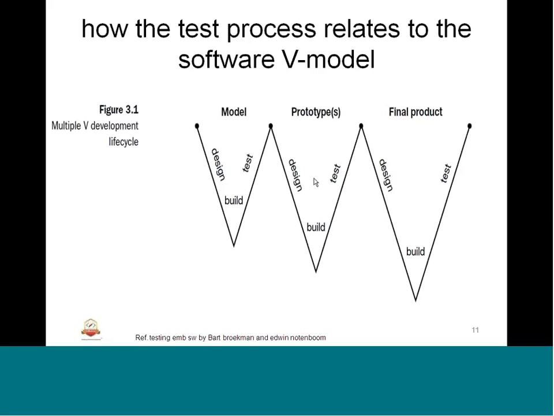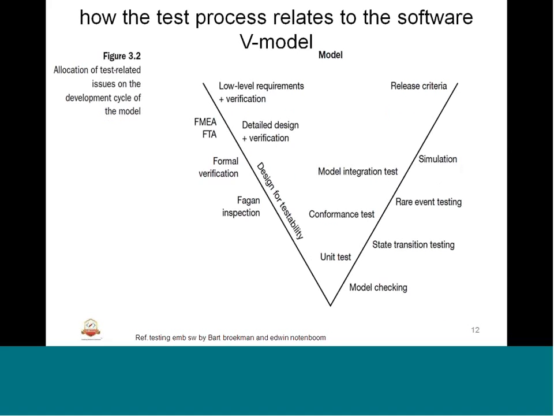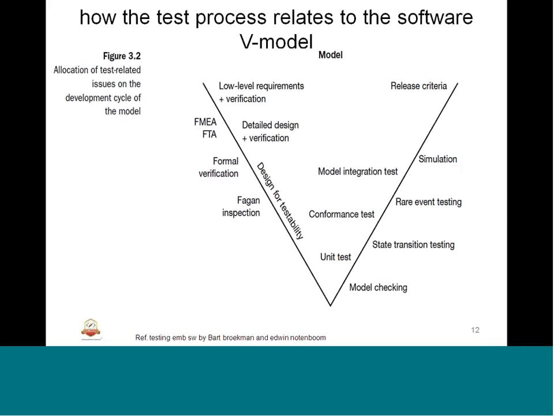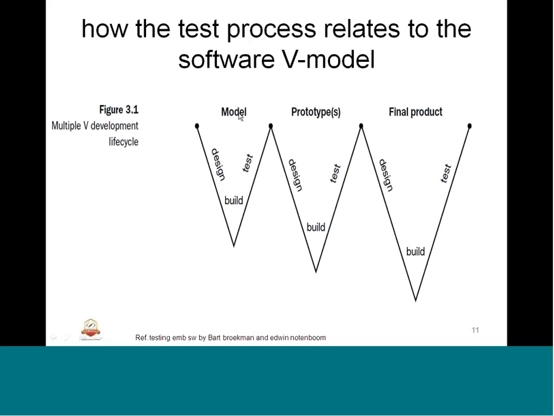So the next one is an extension of what we have seen in the previous multiple V model, the V development life cycle. This talks in detail about how we have multiple V models, like model, prototype, and final product.